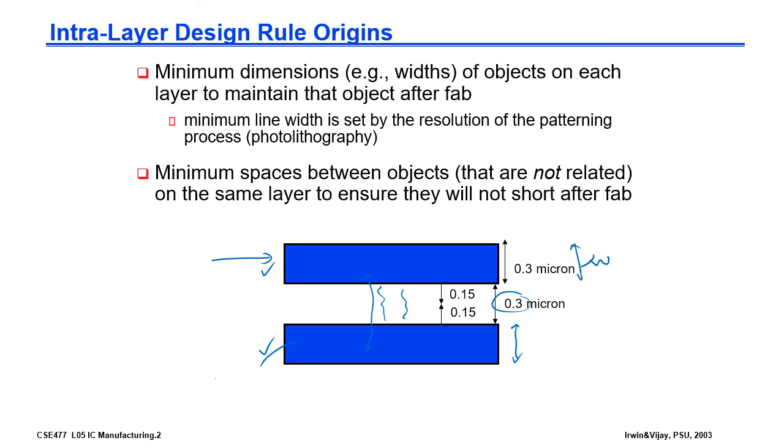So this one becomes a victim, because when you supply a very high frequency on one metal, it will interfere with this second metal. So you do not want this. You need to observe the minimum space between objects on the layers, just to avoid the shorted path or crosstalk.